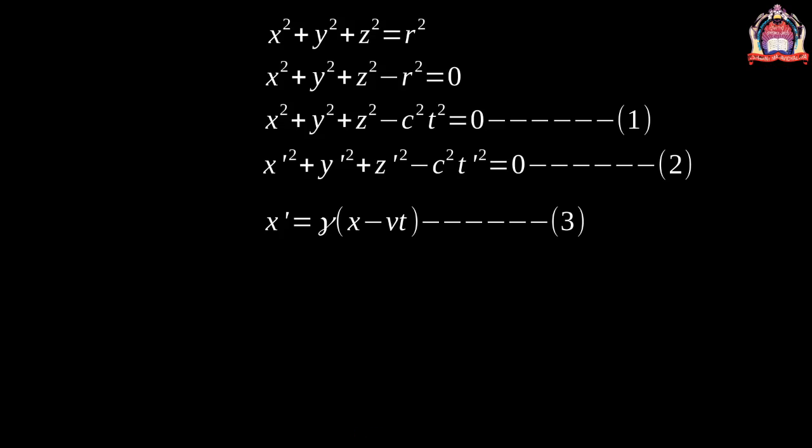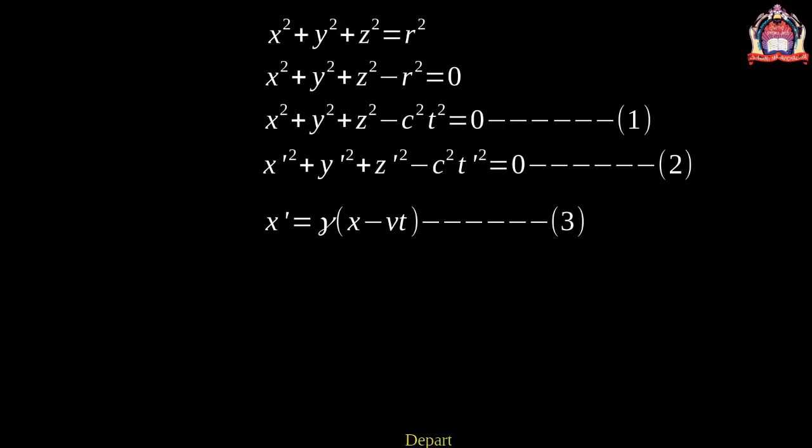Now equation 3 becomes, by comparing the first and second equations, x square minus c square t square is equal to x dash square minus c square t dash square, and we get the equation x dash is equal to gamma times x minus vt, where gamma is defined for the sake of convenience. We relate these two frames through the transformation equation for x and x dash.